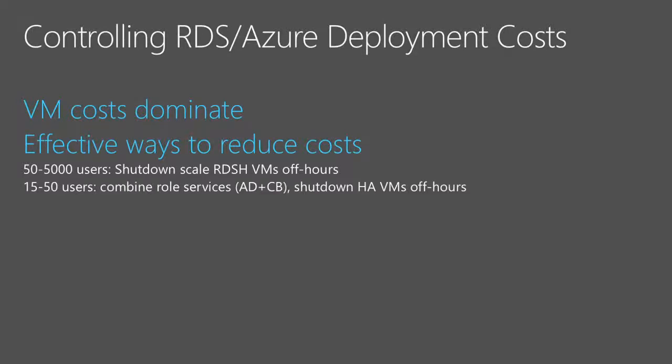If you've got sort of a medium-sized deployment where you've got, say, 15 to 50 users, that's where you want to start combining role services into a single VM. You want to not only shut down your RDSH VMs, but you probably also want to start shutting down maybe your redundant HA VMs during the off hours, right? And then if you've got a very small deployment, let's say 5 to 15 users, that's where you're going to have to actually start shutting the whole service down in the off hours when people aren't on it.